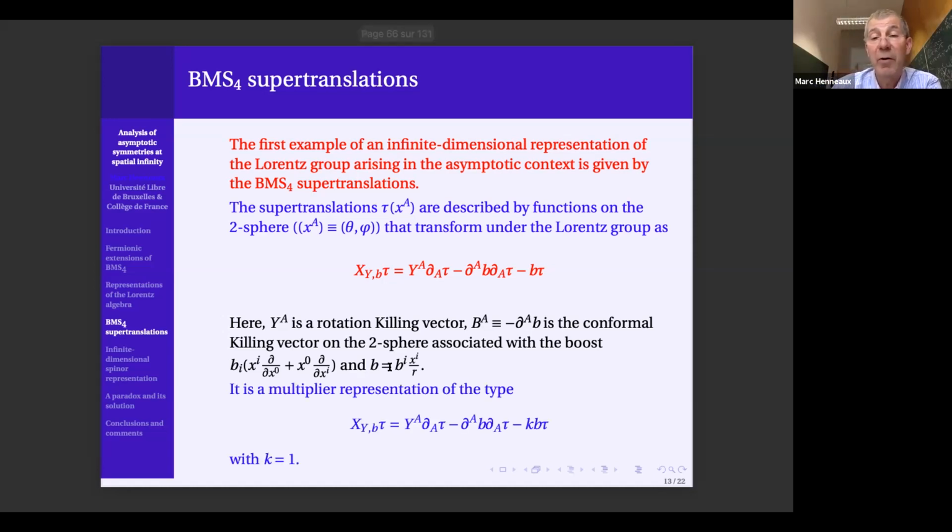And there is an extra term b tau, which is a multiplier type term. So it's really a multiplier representation of the general type, which I have written down with k equal to 1. Well, this I think is rather familiar.